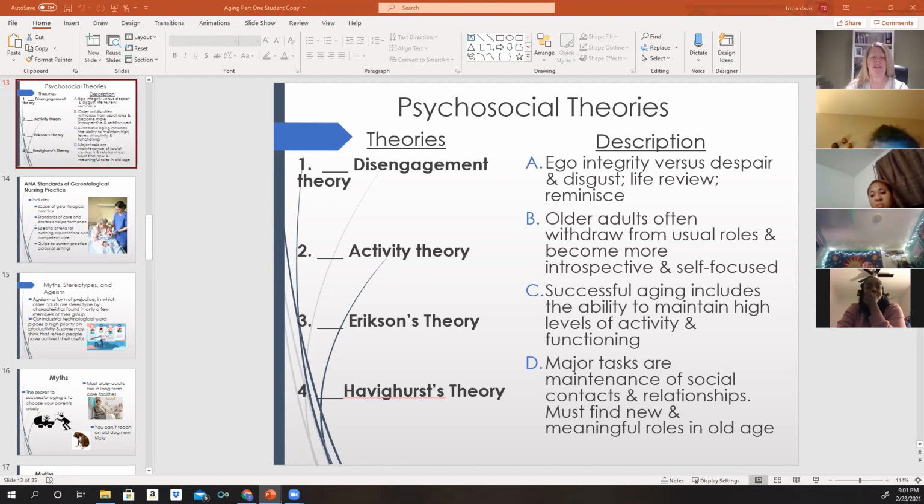And then we have Havighurst's theory, which we talked about a couple slides back. So major tasks are maintenance of social contacts and relationships. So you're staying in touch with your family, you're staying in touch with your friends, you're active with them. And then it believes that you should find new and meaningful roles in old age.